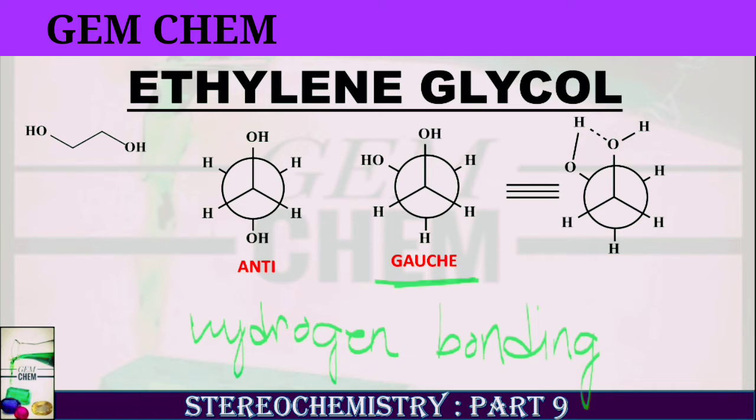This is supported by the fact that the absorption due to this bond is strong in the spectrum of ethylene glycol, which means that a considerable fraction of the molecules are in the gauche form, despite the steric repulsion and the dipolar repulsion of the hydroxyl groups.